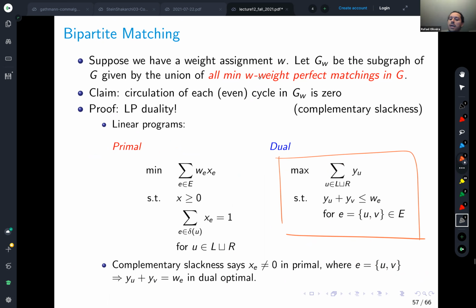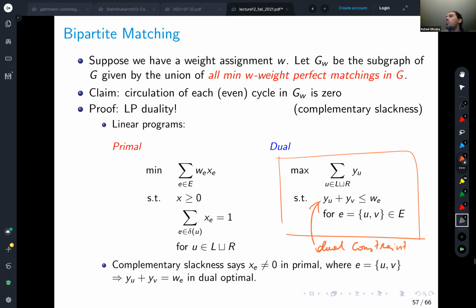So the dual constraint for the variable x_e is this one. Each edge has a constraint. The new variables are the variables y_u, where u is a vertex. And this is the dual.